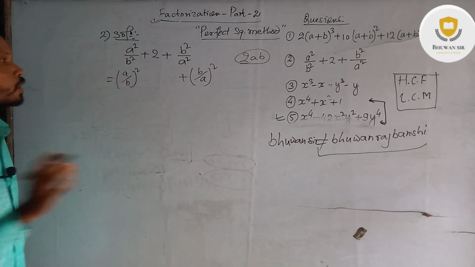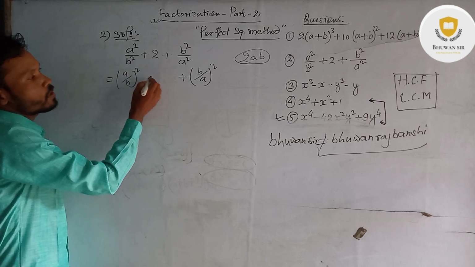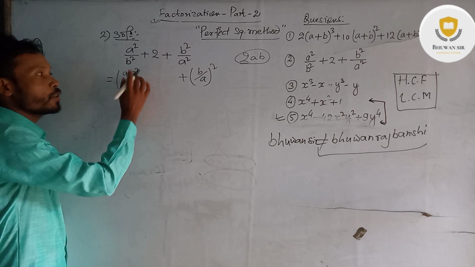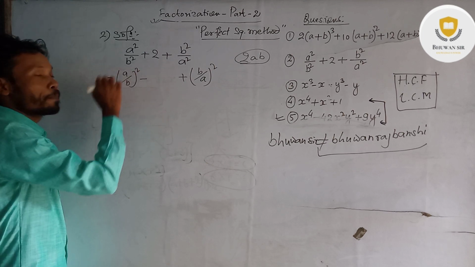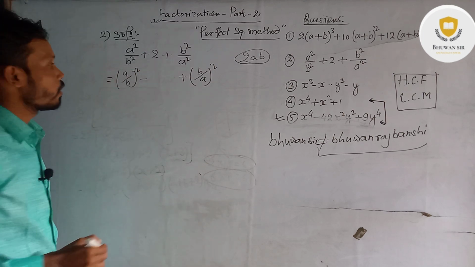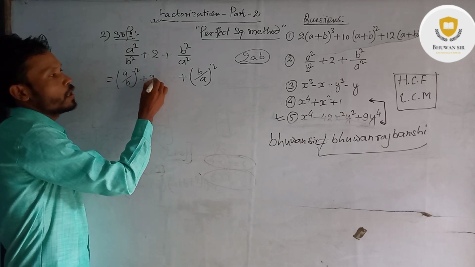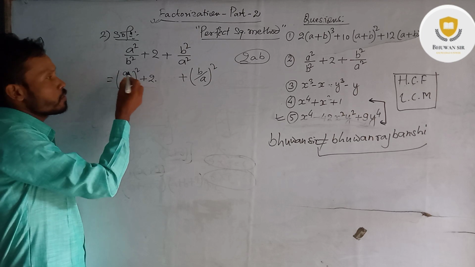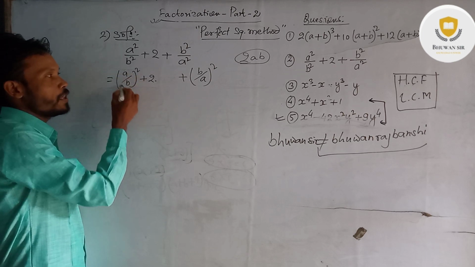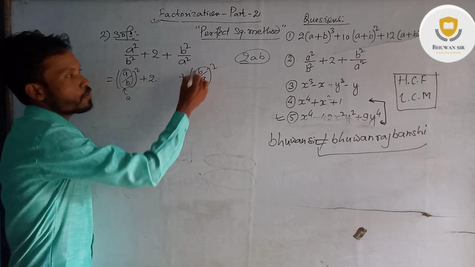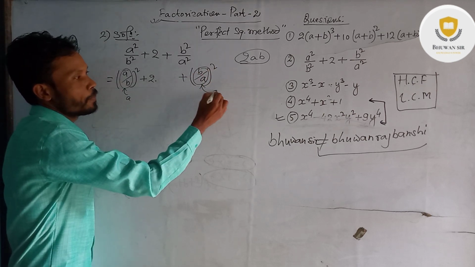Clear? So now let me focus here. You can write whether plus or minus, no problem, but we have to do with plus sign. Or you can do with minus sign also, no problem. Plus 2. Now tell me my friends, which one is a? A by b is a. This portion is considered as a, and this portion is considered as b.